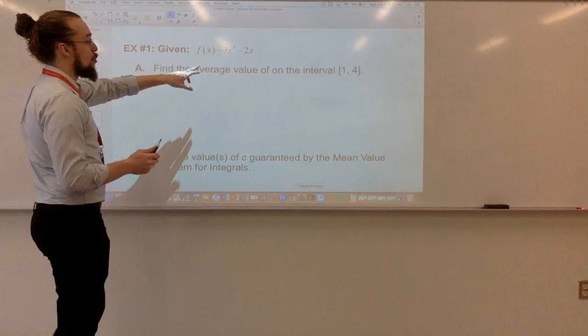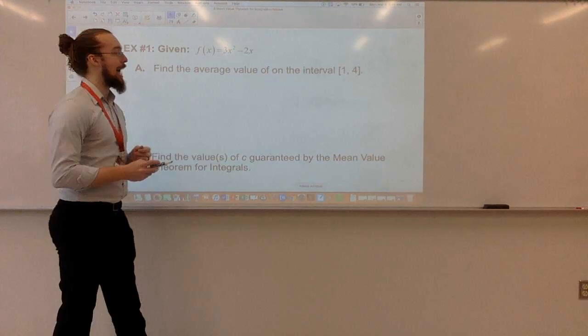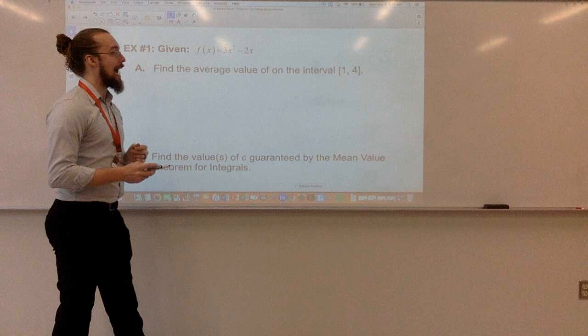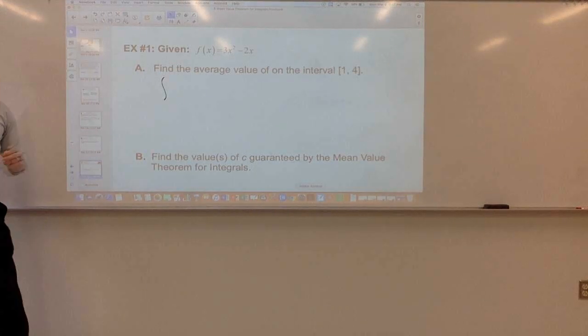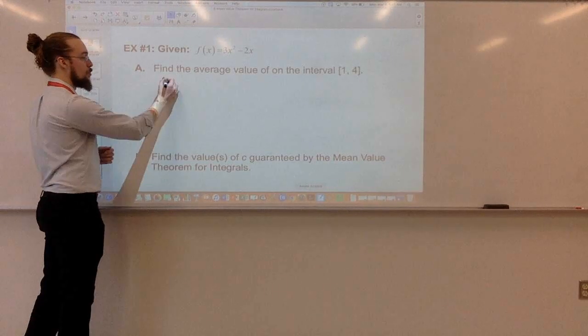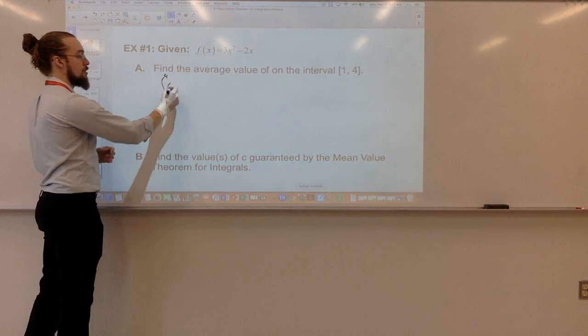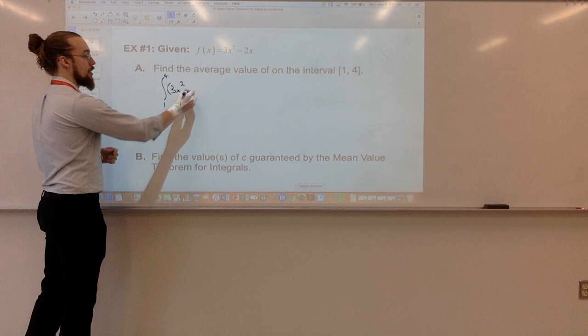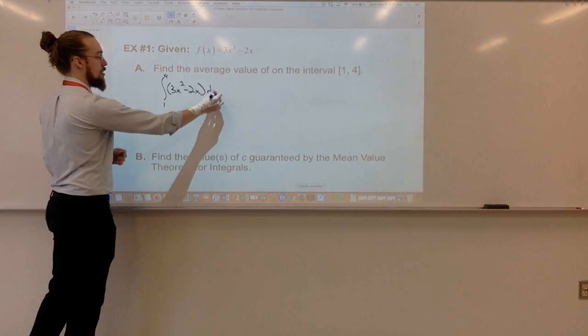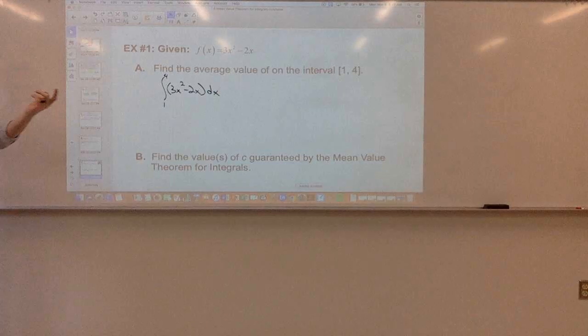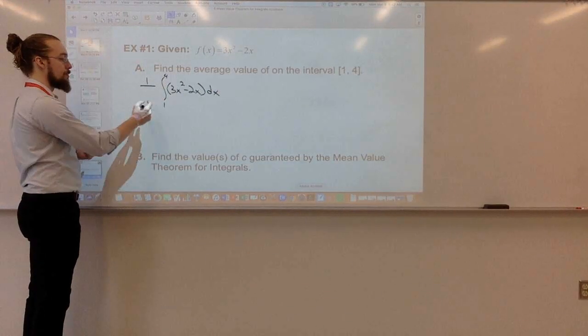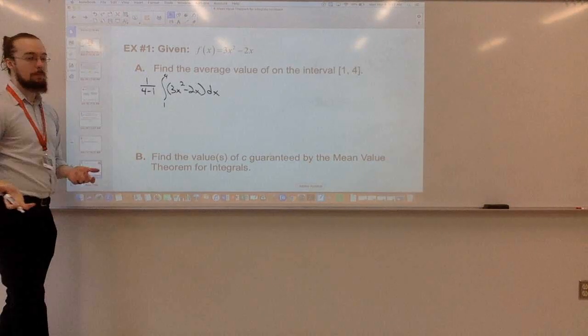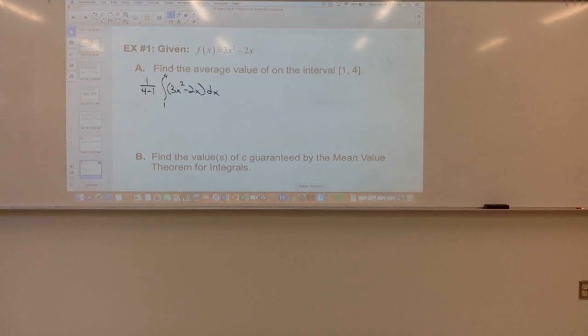To set this up, if I want to find average value, I want to find the area under the curve, and they give me my bounds, so from 1 to 4, of this function of 3x squared minus 2x dx. And then I'm going to multiply that by 1 over b minus a, so 1 over 4 minus 1. This will get me the average value on that interval.